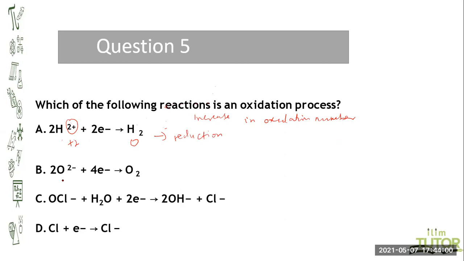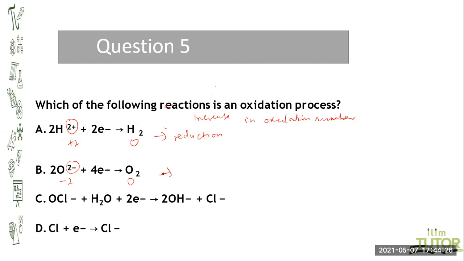Let's take a look at this. The oxidation state of oxygen here is -2, corresponding to this charge. The oxidation state of oxygen here in a free state is 0. All right. -1 and -2, which one is greater? Don't say -2, because -1 is actually greater than -2.